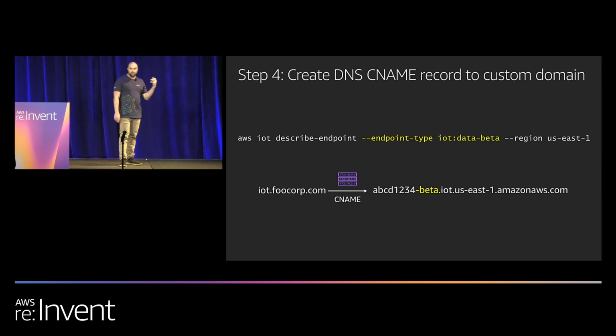And you can get your beta endpoint by just running the standard AWS IoT Describe endpoint API and running this with an endpoint type of IoT data beta. So this will generate you this beta endpoint, and you can immediately recognize that because the first subdomain will end with a -beta. So just ensure that you're setting up your CNAME record to forward traffic to a beta endpoint, and that will allow you to use your configurable endpoint.